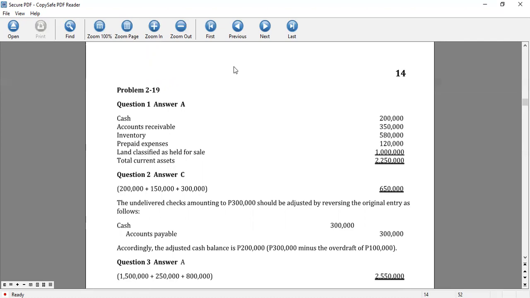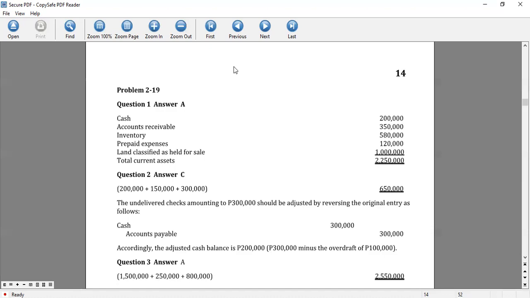Current assets include cash of 200,000. Checks amounting to 300,000 were written to vendors and recorded on June 30, 2020, resulting in a cash overdraft of 100,000. The checks, however, were mailed on July 9, 2020.